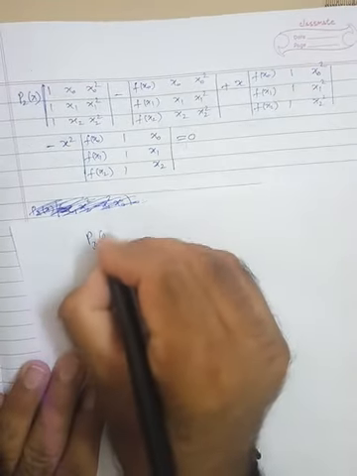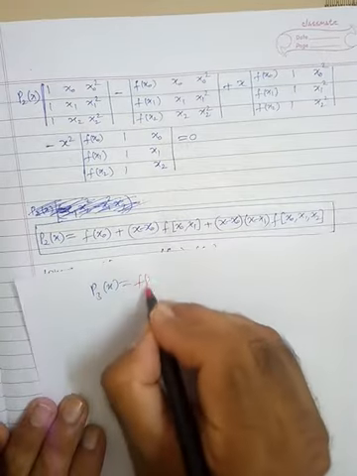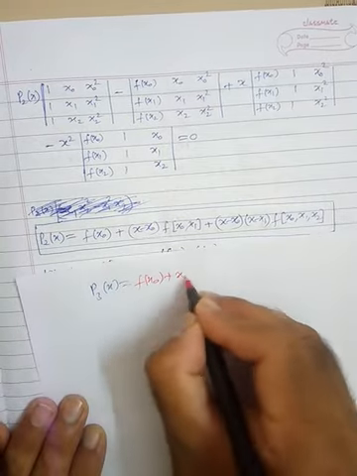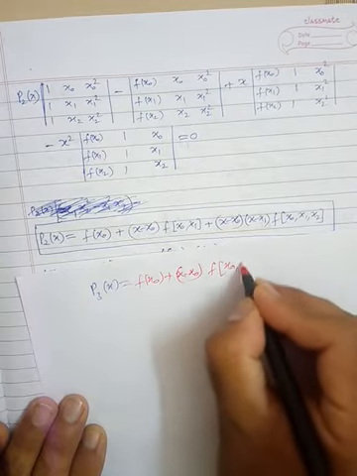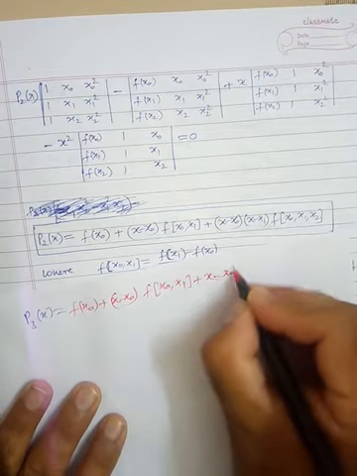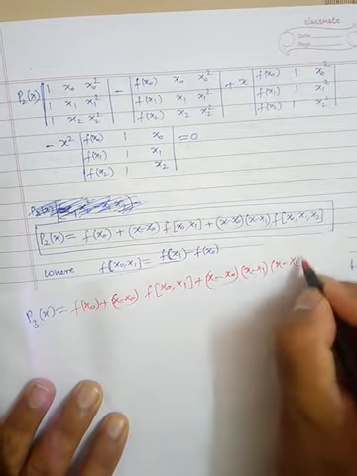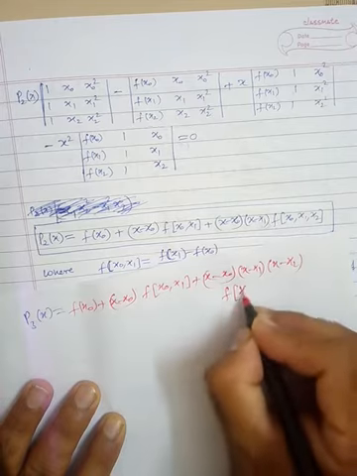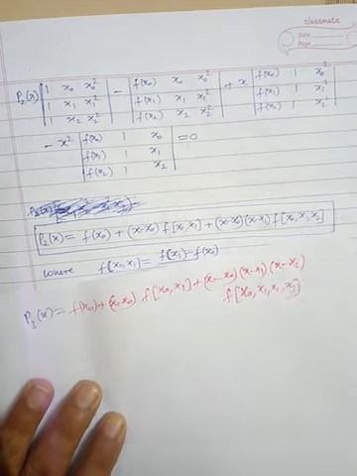In the cubic one, P3(x) will be very simple. f of x naught plus x minus x naught, f of x naught x1, plus x minus x naught, x minus x1, x minus x2, f of x naught x1 x2 x3.